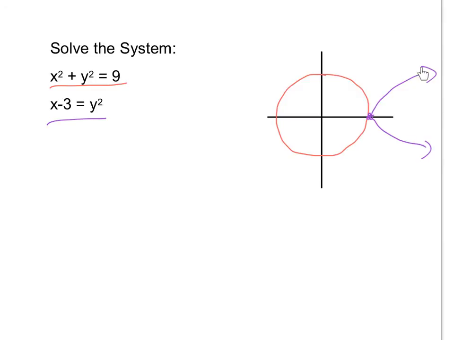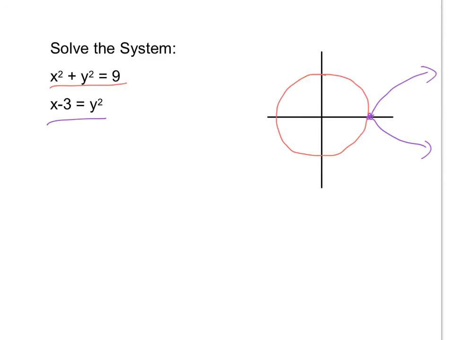I could have one answer, like right here, where the vertex is on the circle, or I could have gone like this and just had one answer, right? I could have had 2 answers if my parabola did something like this. I could have had up to 3 answers if my parabola went through and hit 3 times, or I could have 4 where my parabola hits 4 times.